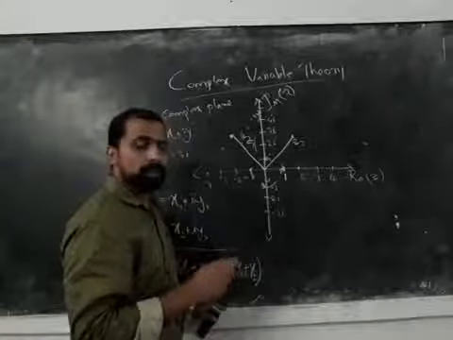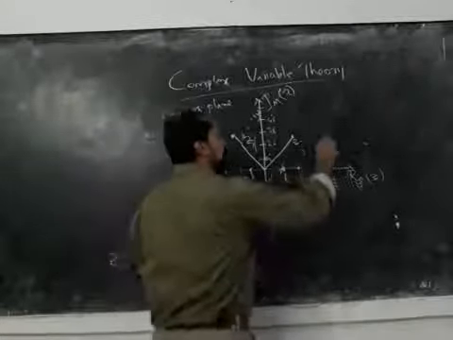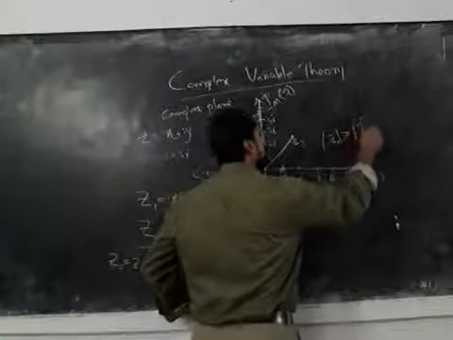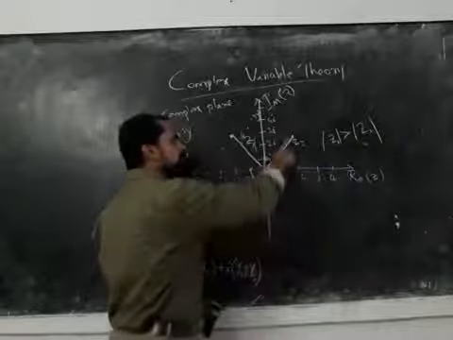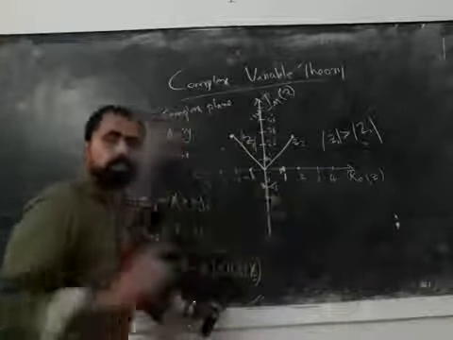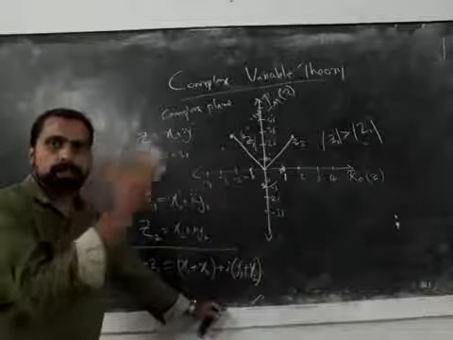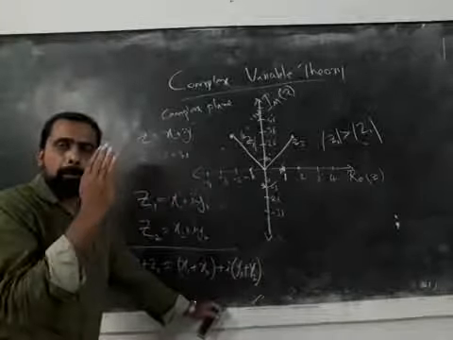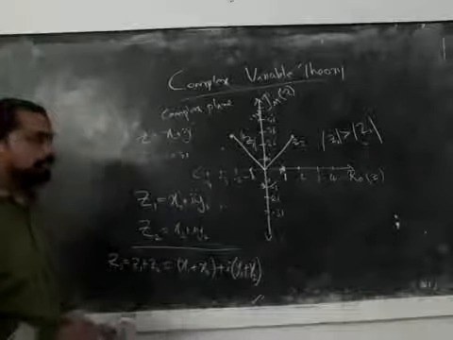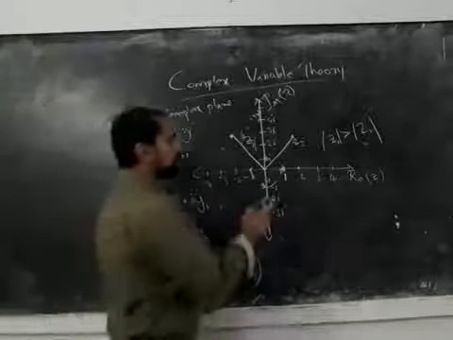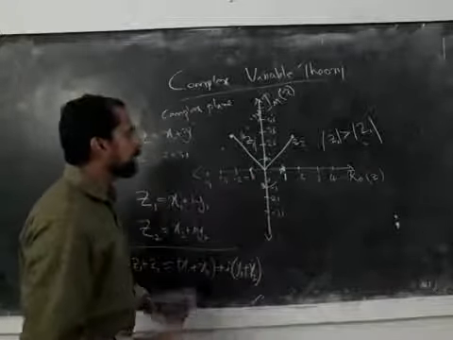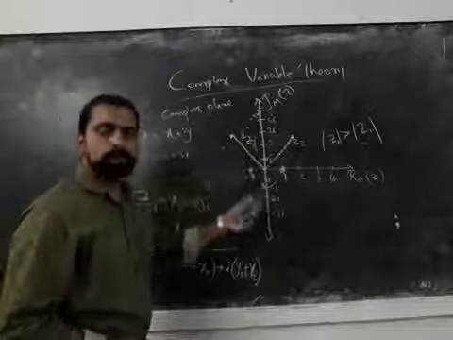You can say only one thing, that mod z1 is greater than mod z2, so the magnitude you can compare, but the points you cannot compare. You cannot say this is larger than this one. That is not possible.